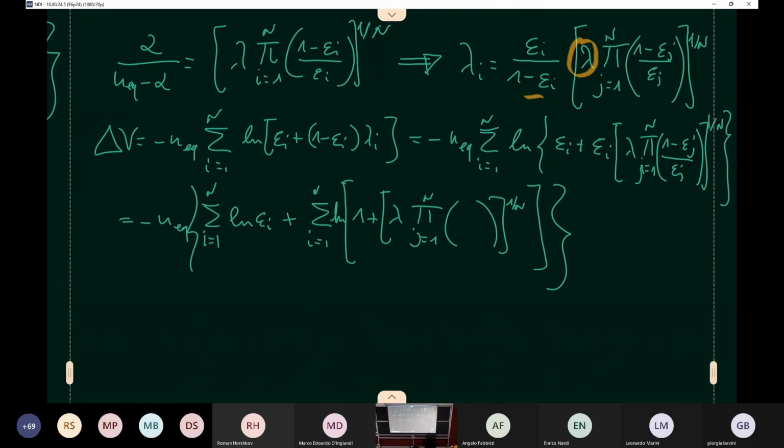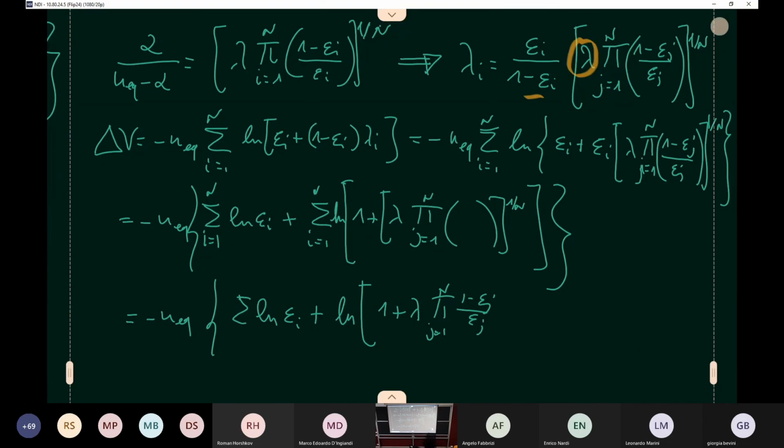So it becomes again minus u_eq, sum, logarithm of epsilon I plus logarithm of 1 plus lambda, this is 1 minus epsilon over epsilon.